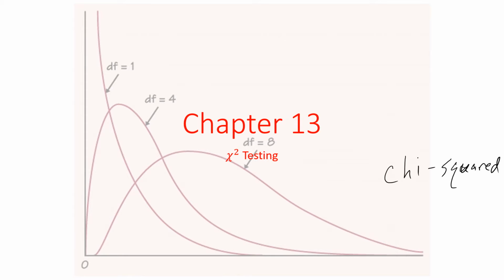There's a few different tests that happen with chi-squared testing. And what this is for is for when we have multiple proportions or multiple things that we're looking at.